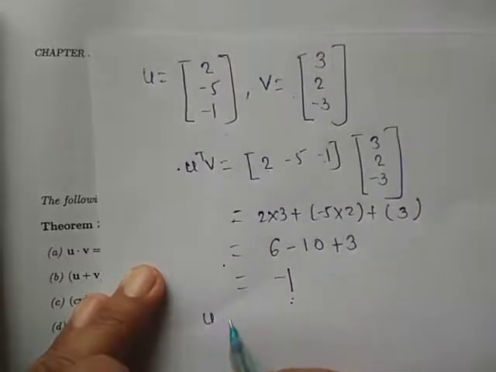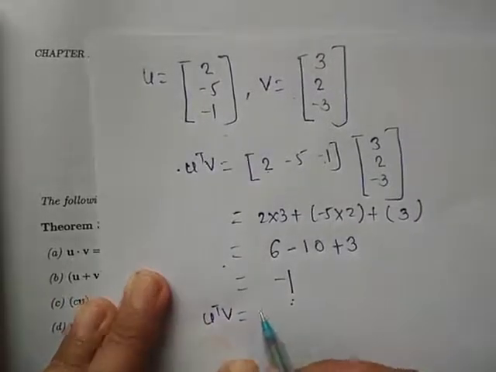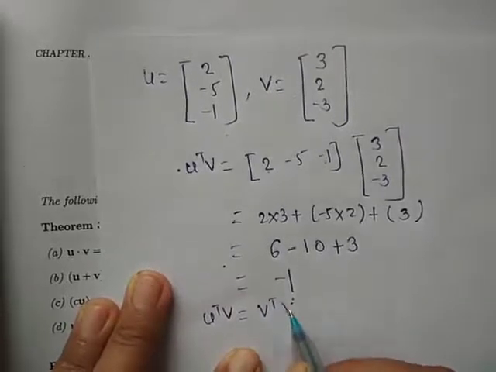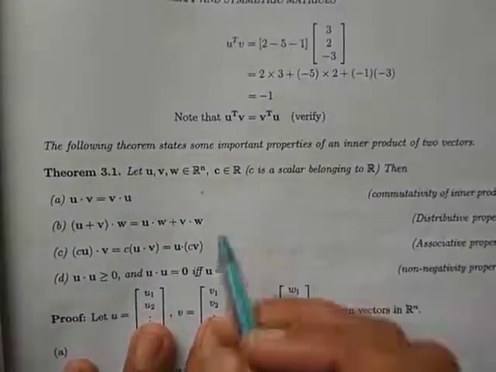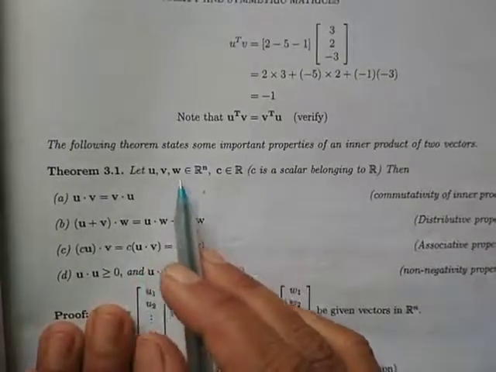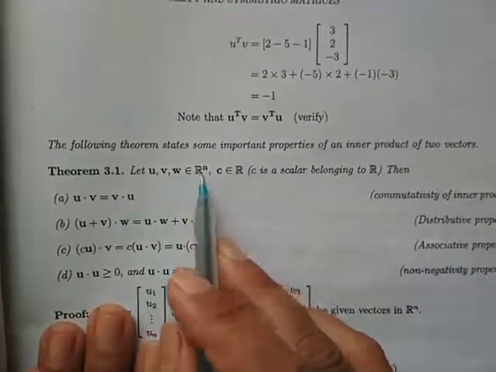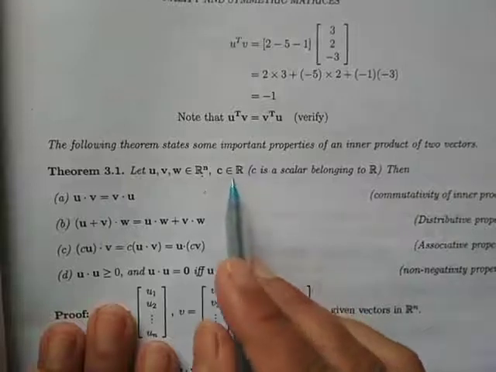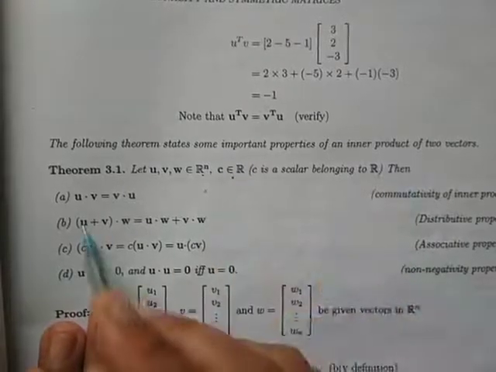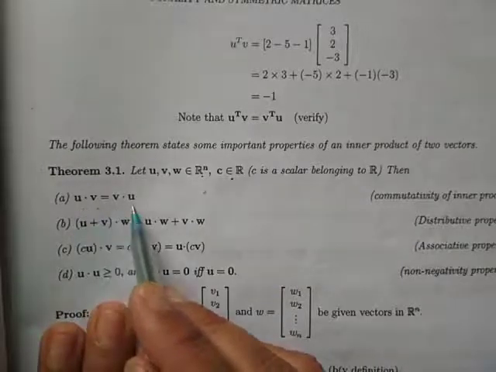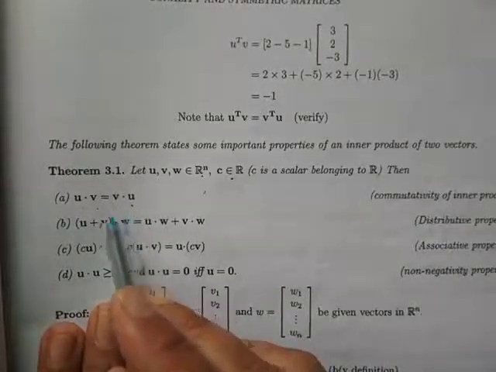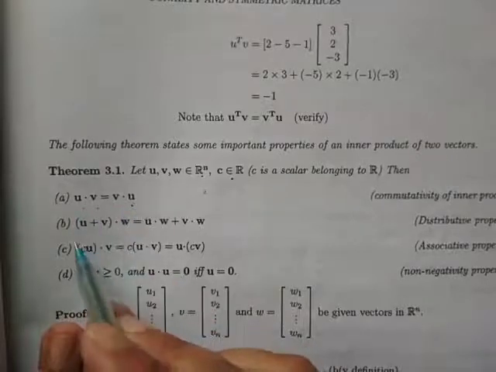Students also note that u transpose into v is always equal to v transpose into u. Okay. Let us see the next theorem. Let u, v, w belong to Rn, and c is any real number. Then first, u dot v is equal to v dot u. It is the commutativity of inner product.